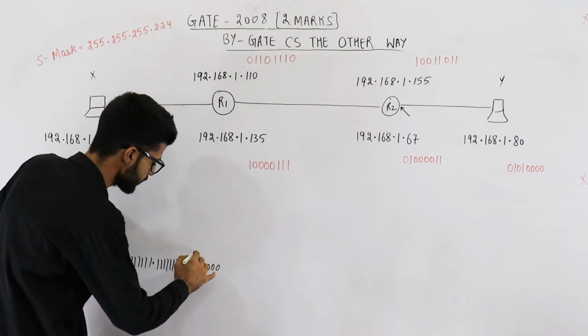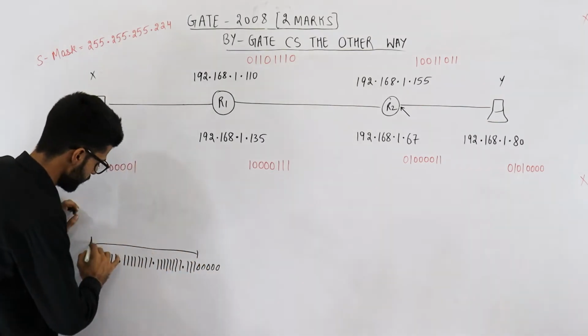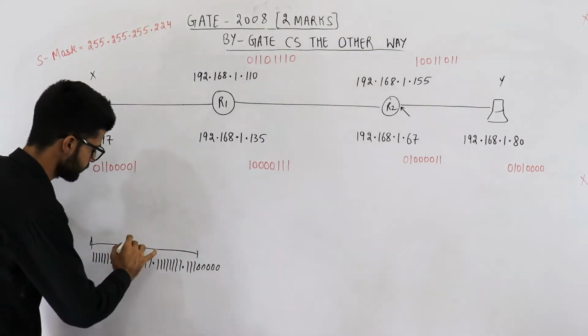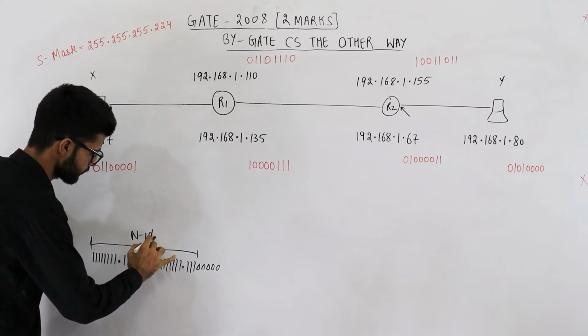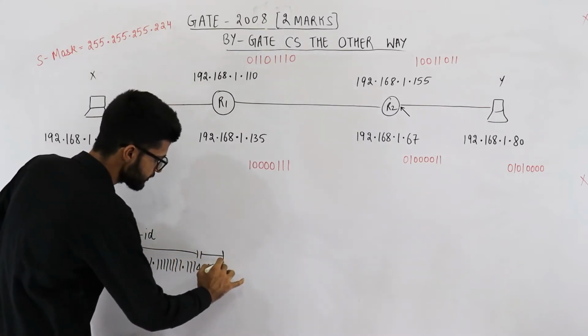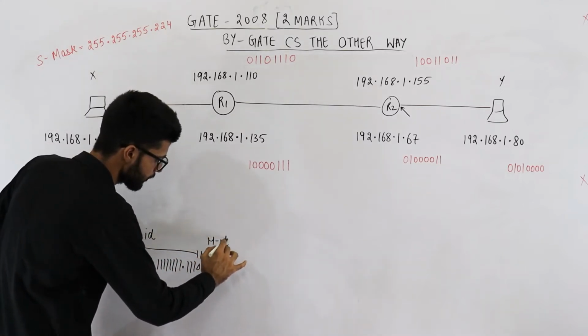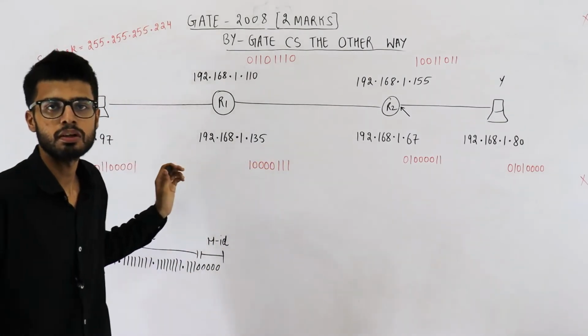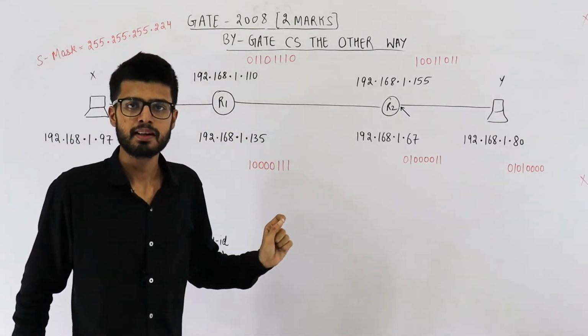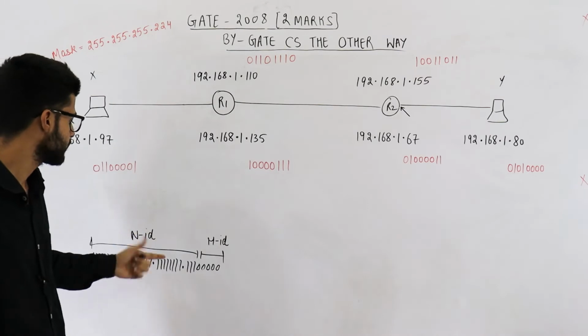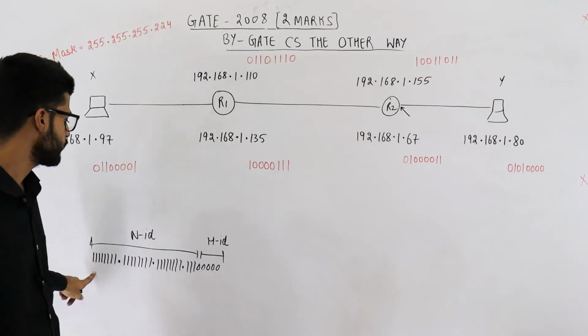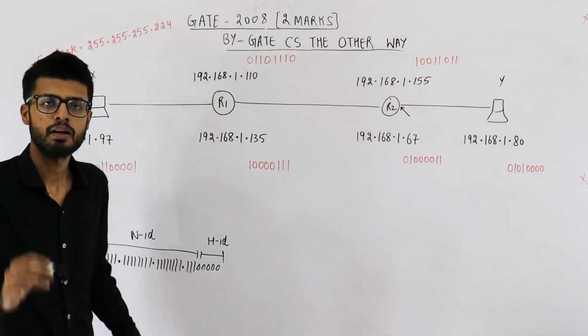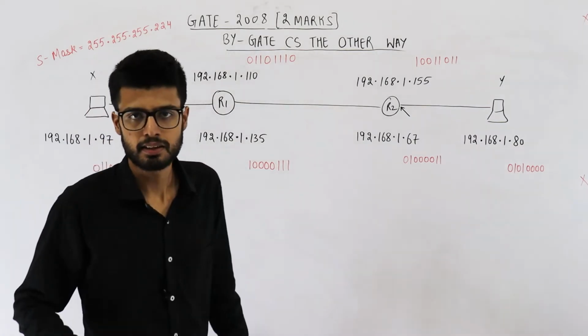All ones means network ID. And the last 5 bits are for host ID. That means in this network, for all IP addresses, 8 3s are 24, 25, 26, 27. The first 27 bits represent the network ID.